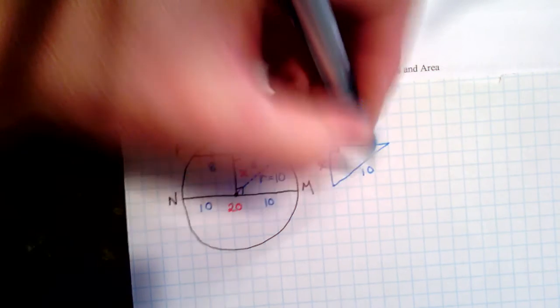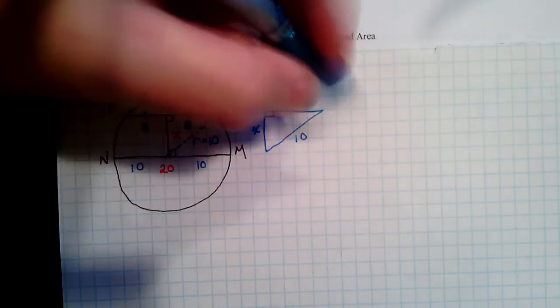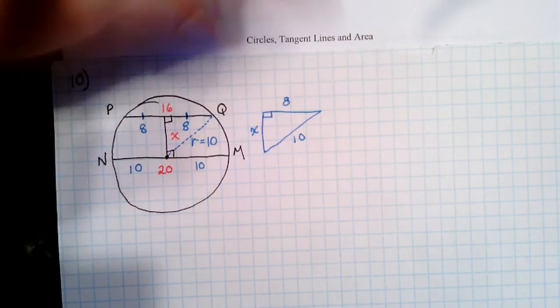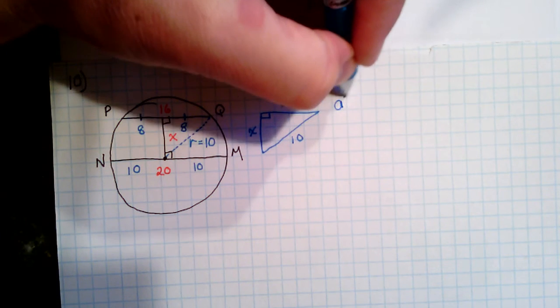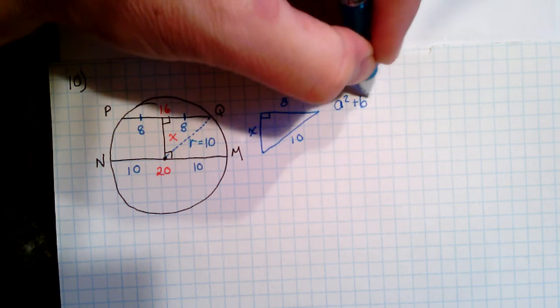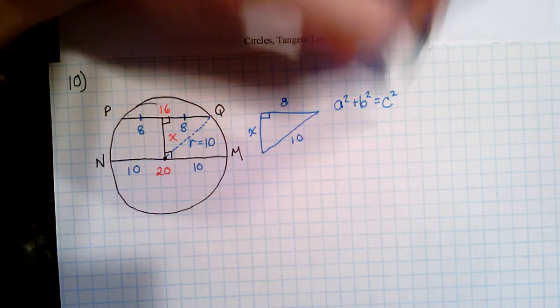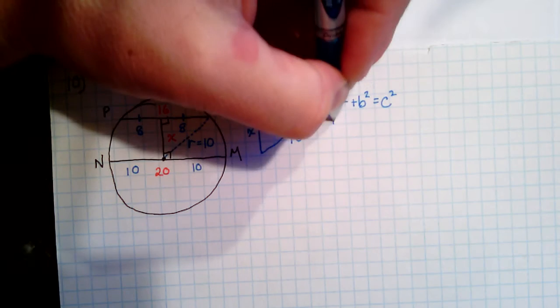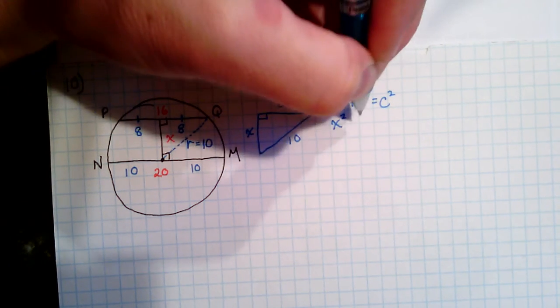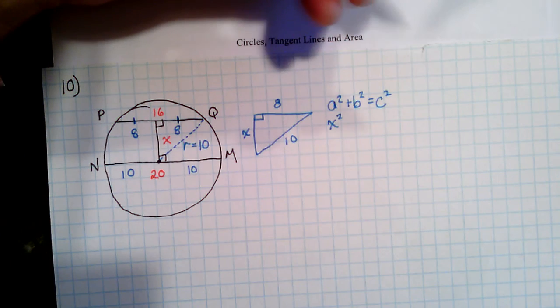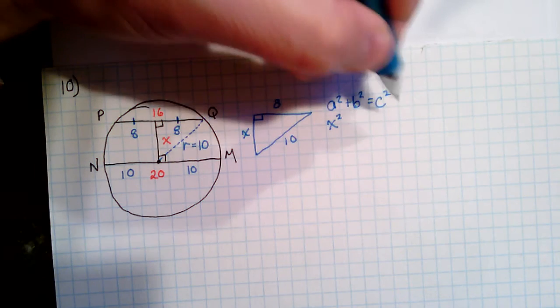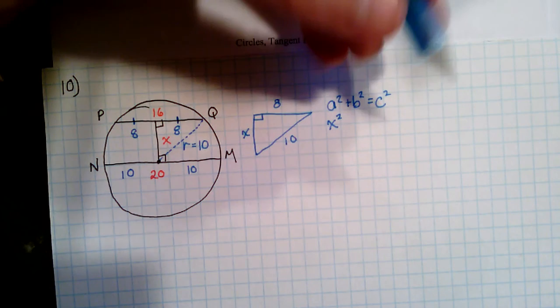The radius is 10. I can either use the Pythagorean theorem, a squared plus b squared equals c squared, and substitute my variables in, x squared or 8 squared, doesn't matter. A or b can switch places because of the commutative property.